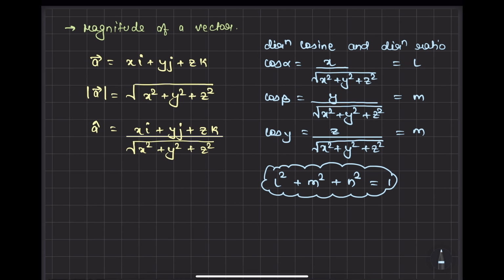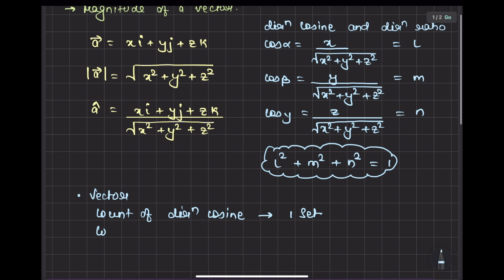So suppose that you are handling a vector. I can ask you the count of direction cosines. It will have only one set, L, M and N. Sorry, this is N. If I ask you the count of direction ratios, try to understand what a direction ratio is.